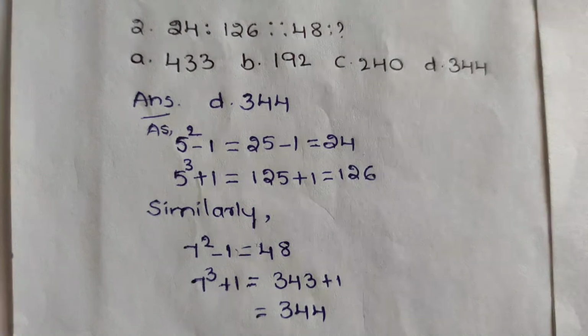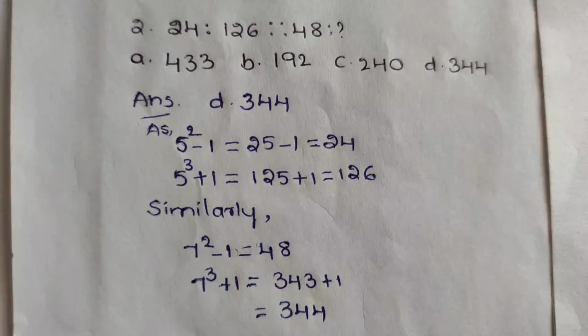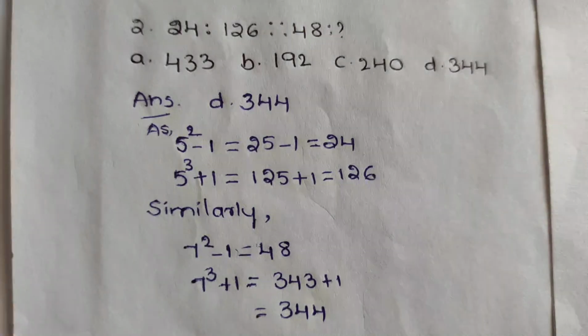So here, from the first number we have subtracted 1, and for the second number we have added 1. That is, for the number 5, to get the first number 24 we have squared it and subtracted 1 from it. So the relationship is x square minus 1 is to x cube plus 1, right?